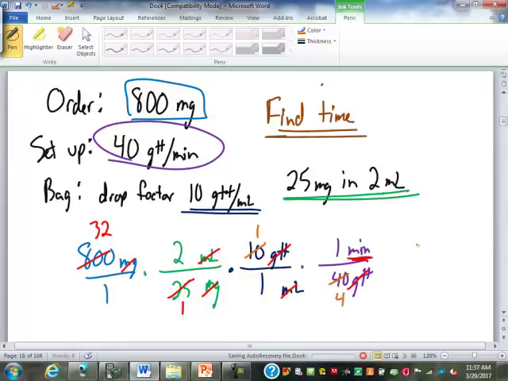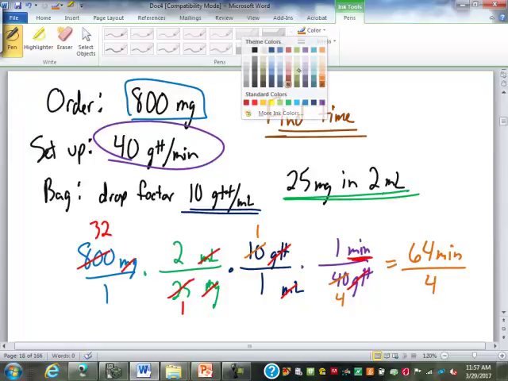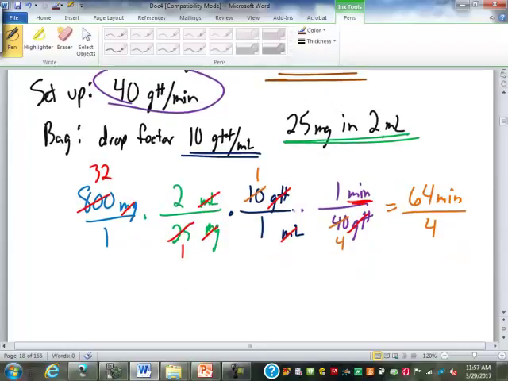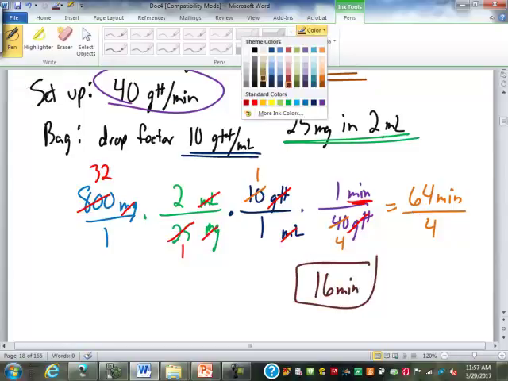We've got 32 times 2 is 64, times 1 minute, that is 64 minutes. On bottom here, I've got 1 times 4 is 4. So that is 64 minutes over 4. That divides out to be 16 minutes. So it'll take 16 minutes to infuse that medication at that rate.